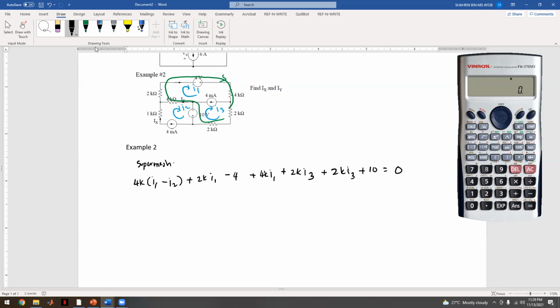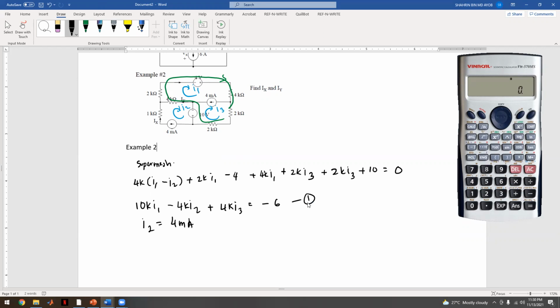If you simplify, you will obtain this equation, and this is your first equation. The second equation comes from the mesh current I2, which, as you can see, is equal to 4 milliamperes.